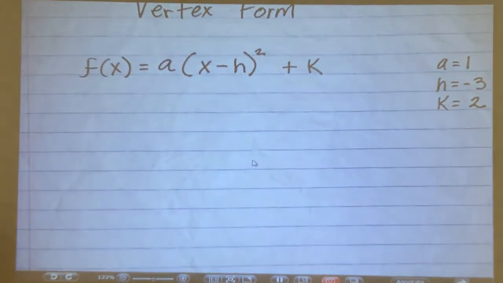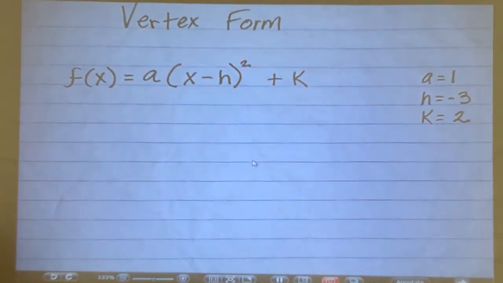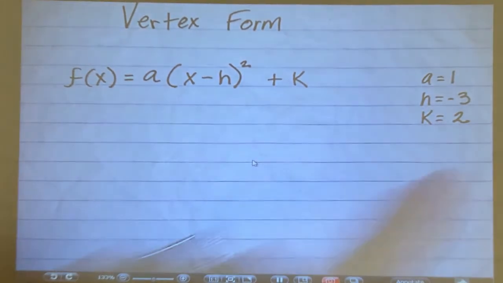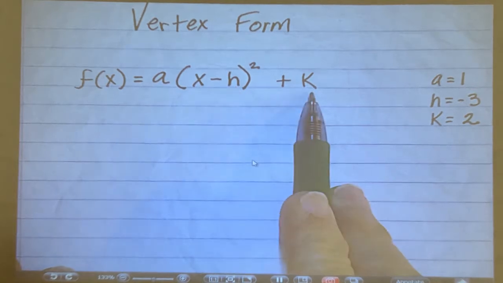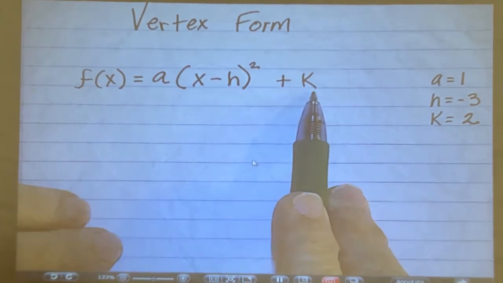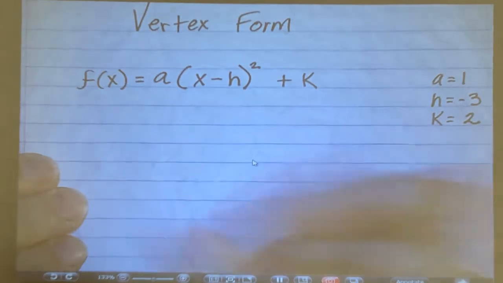I think that's all I have to start you off with right now. And so all we're going to do is take those values and drop them in place of a, h, and k.